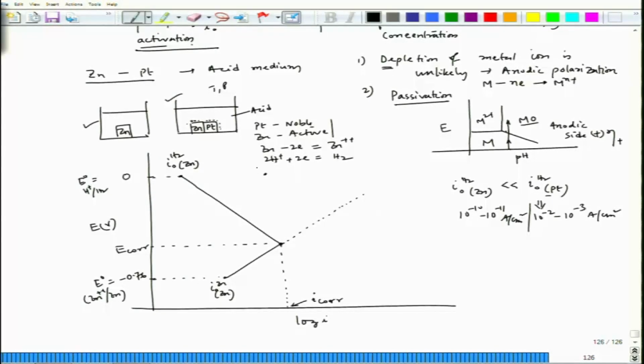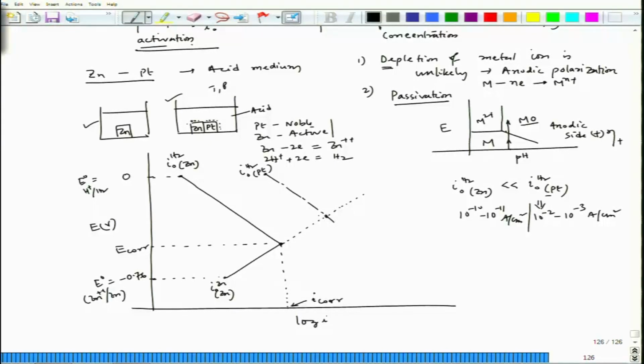So, this is I0 hydrogen on platinum surface, and E0 of course would be the same, 0, because we are considering hydrogen evolution, and then it would also have its own cathodic polarization, and it is cutting here.